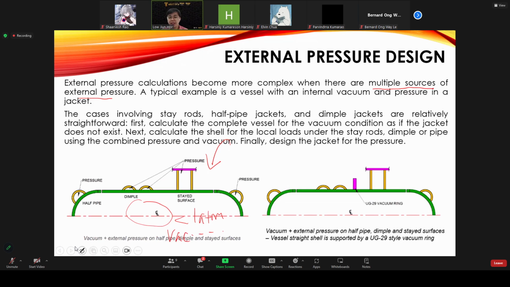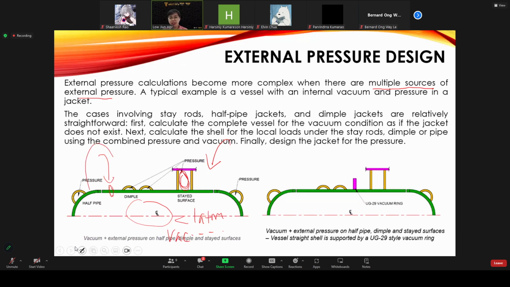So in this case, we need to make sure the wall or the thickness of the shell here is strong enough to withstand the atmospheric pressure. And moreover, the pressure vessel here is layered by another layer of jacket, so we also need to consider the external pressure found in the gap of the jacket.